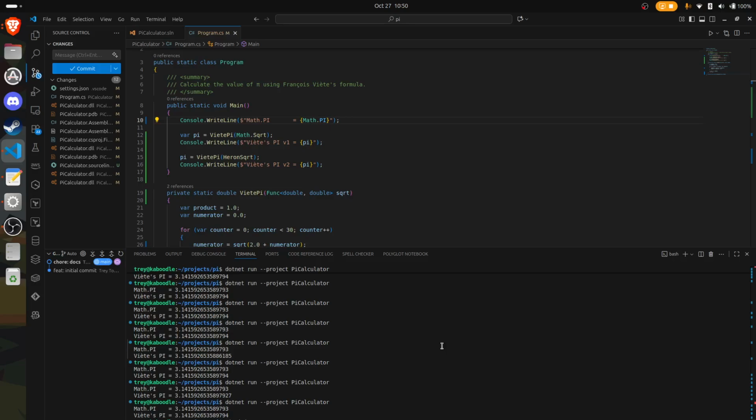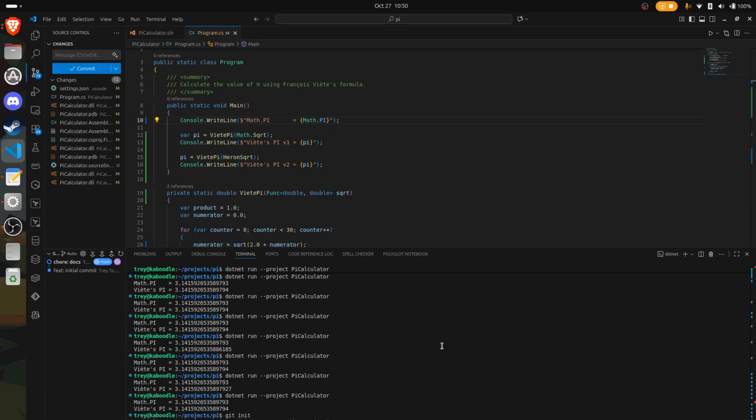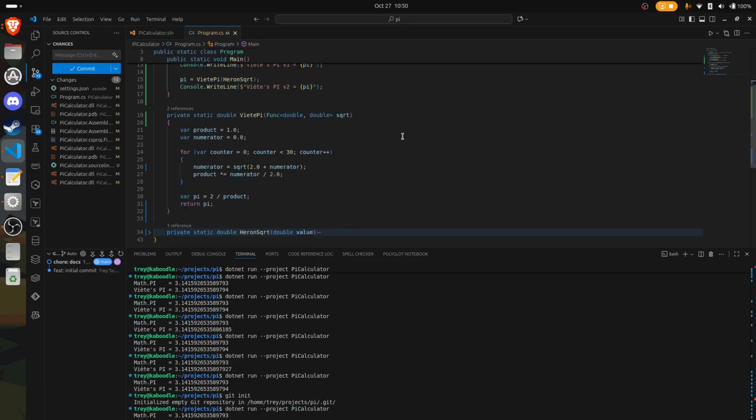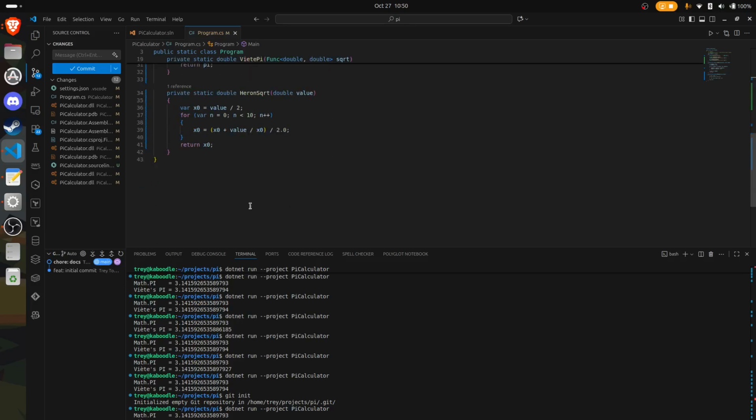Let's see what that does. And it does give us about the same value of pi. Iterating 10 times, I just kind of picked a number. It's a nice round number. There has to be a better way of doing it though.